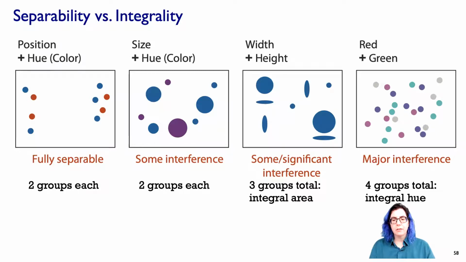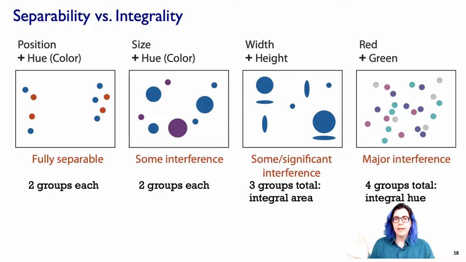Things get a little trickier with this third case, where we're trying to width code and height code. But we don't see that same thing where we could see these two groups of two. What we see is little things, big things, and squished things, whether they're squished this way or that way. So we're really seeing three groups, not two and two. So there are some really significant differences here.